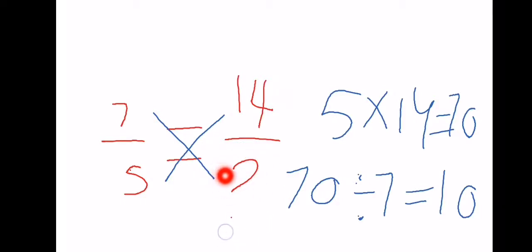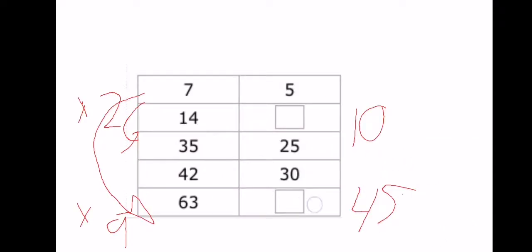By cross multiplication. 5 multiplied by 14 equals 7 multiplied by this number. How can I get the missing one? 5 multiplied by 14 will give me 70. Then take the answer divided by the third number, which is 7, will give you 10. So the missing number is 10, the same as I have here.